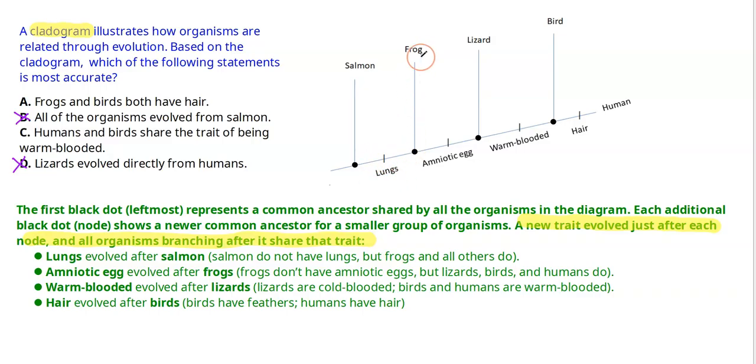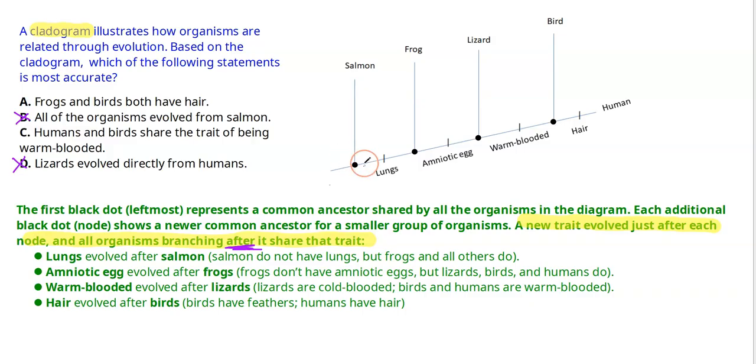So the frog has lungs, the lizard has lungs, the bird has lungs, and the human has lungs. Again, the trait evolved just after the node, and all organisms branching after it share that trait. So the salmon is the only organism on here that doesn't have lungs. Let's continue to move on.